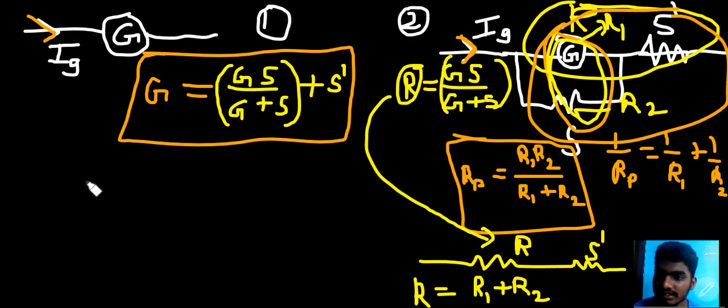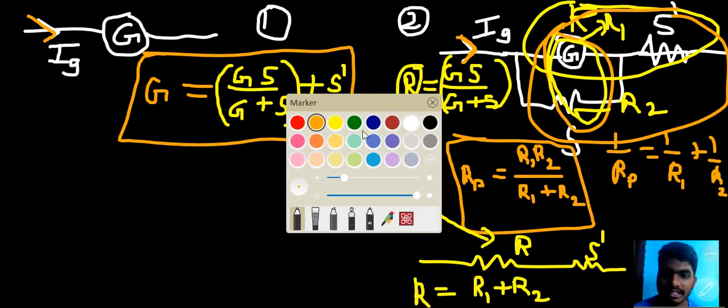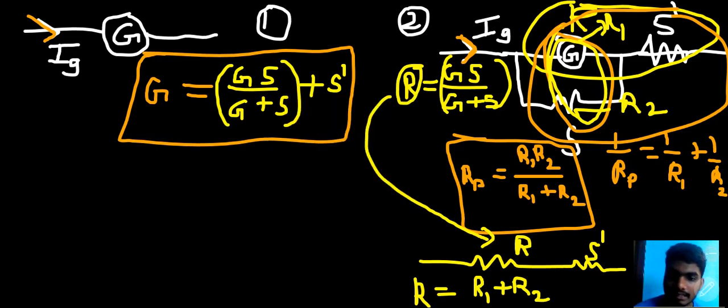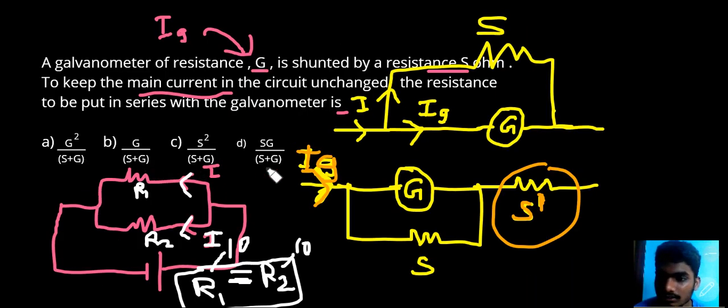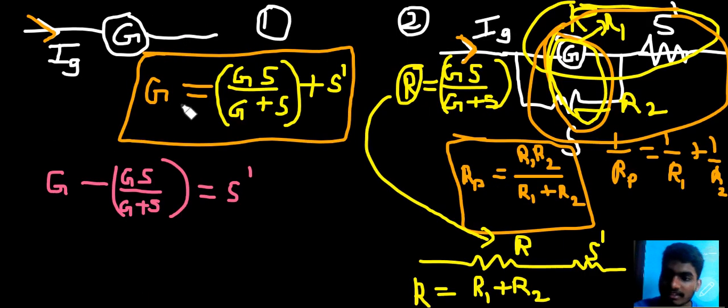So from this you can find the value of S dash. Rewriting the equation here: G minus G S by G plus S is equal to S dash. In the options they have given just the simplification, so we have to do the simplification right here.